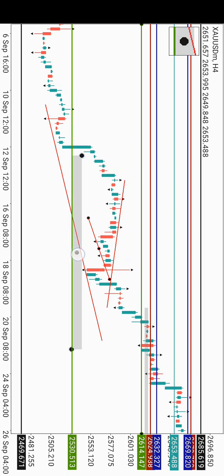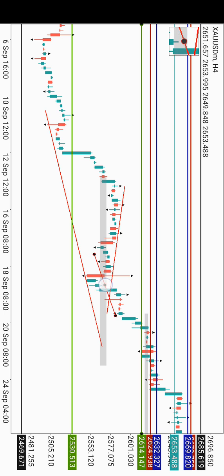Okay, look at this tiny breaker block. Some people might not see it. The breaker block is lying by the side of this small internal liquidity here.